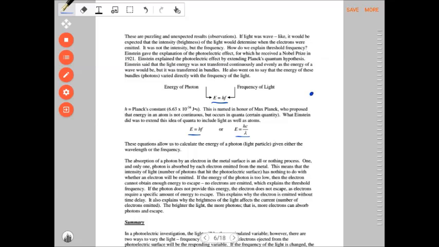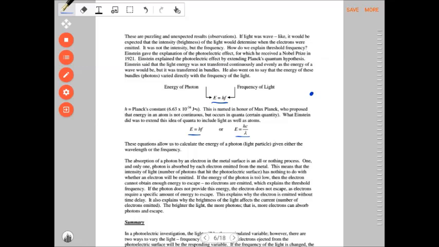The absorption of a photon by an electron in the metal surface is an all or nothing process. One and only one photon is absorbed by each electron emitted from the metal. This means that the intensity of light, which is the number of photons that hit the metal, has nothing to do with whether an electron will be emitted.